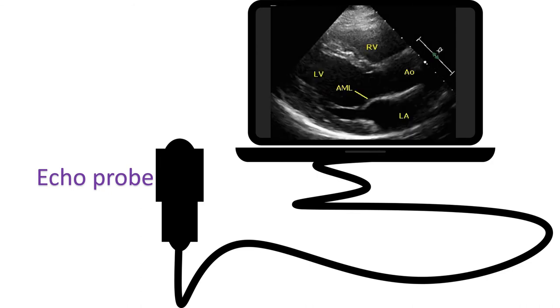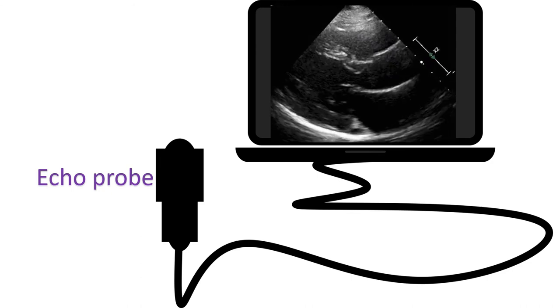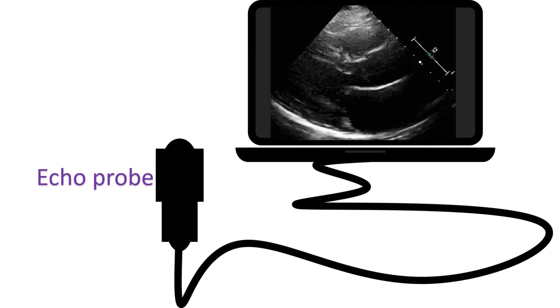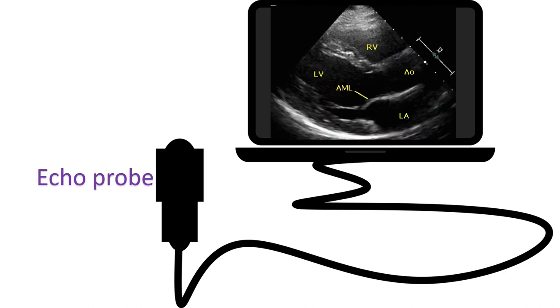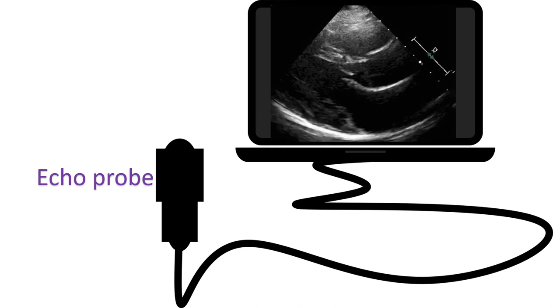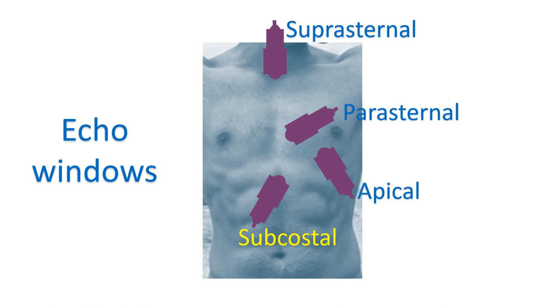Echo beams cannot be sent from all parts of the chest as lungs cover the heart in most regions. Air in the lungs do not allow ultrasound beam to pass into the heart and appears as dense white echoes. Regions on the chest and upper part of the tummy from which the echo beams can be sent to the heart are known as echo windows. In these regions, lungs usually do not cover the heart much, or the heart is very close to the location of the probe.